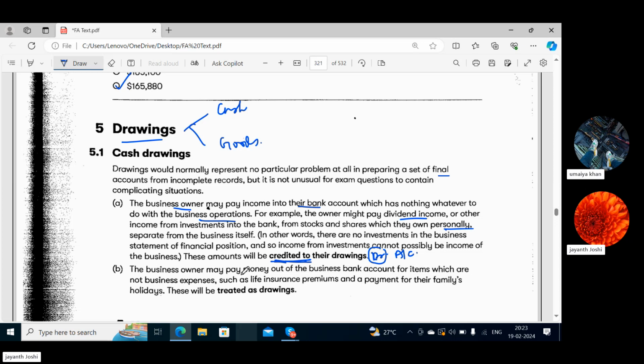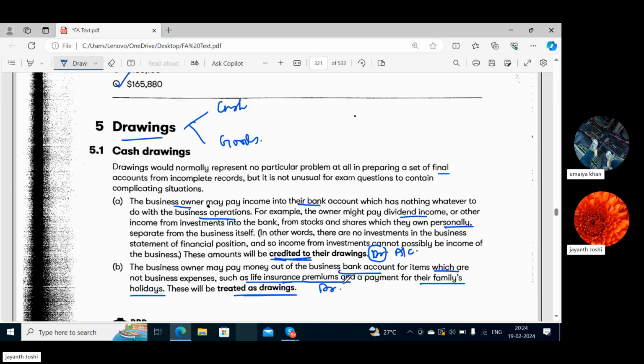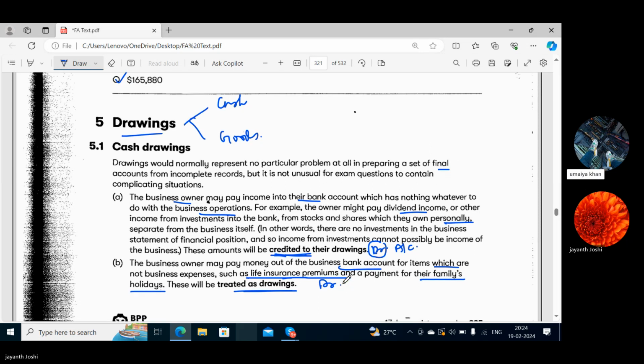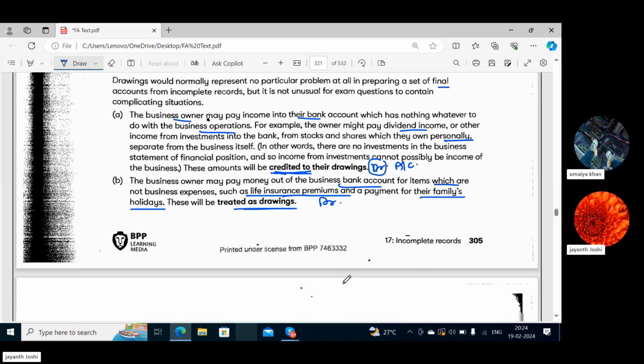And sometimes the business owner may pay money out of the business bank account for his personal expense, like life insurance premium paid out of business or paying something for their family holiday out of business. So that will be treated as drawing. So that will be debited to the drawing account. Is the concept clear? Yes, ma'am.